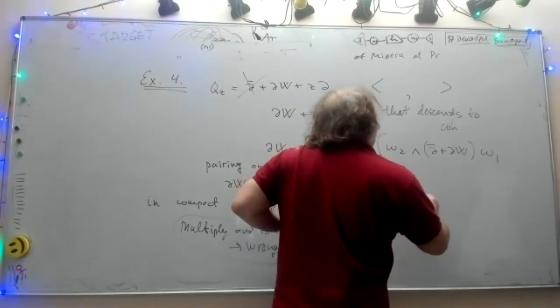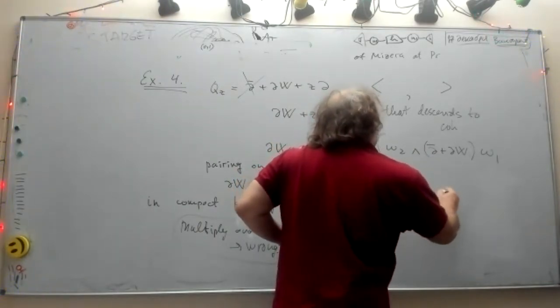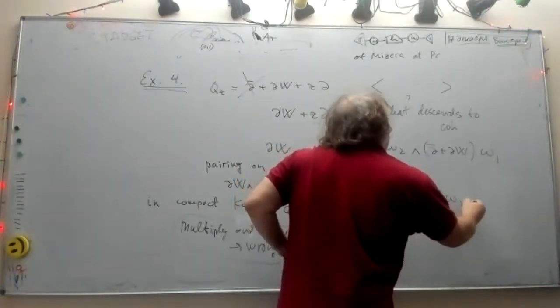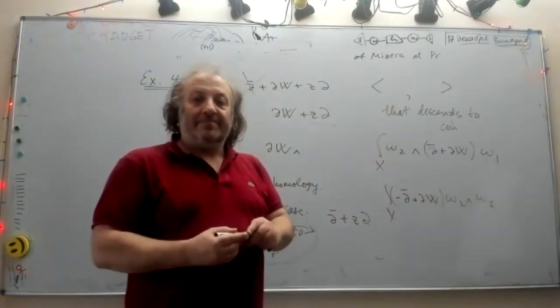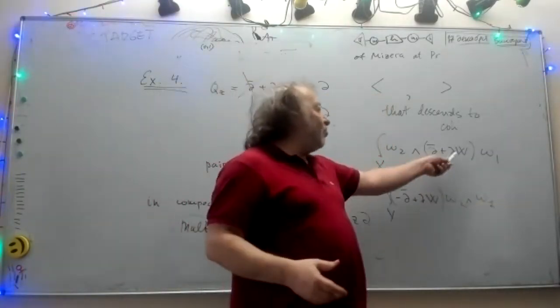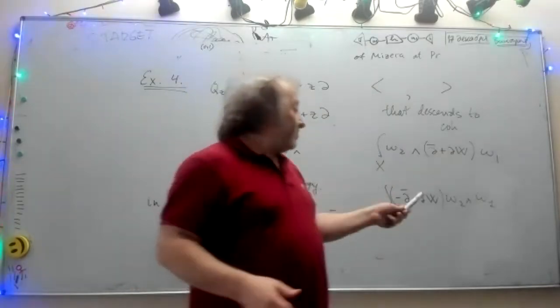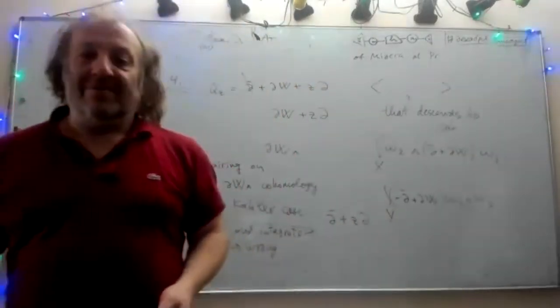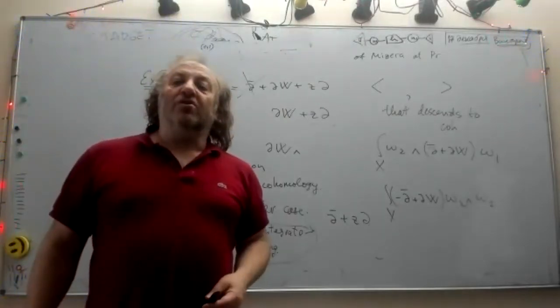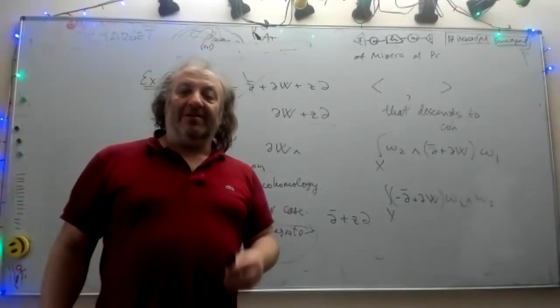So here we have minus, here we have plus. So in some sense, cohomology of W are paired with the cohomology of minus W. And it's not what you are going to have. Okay?